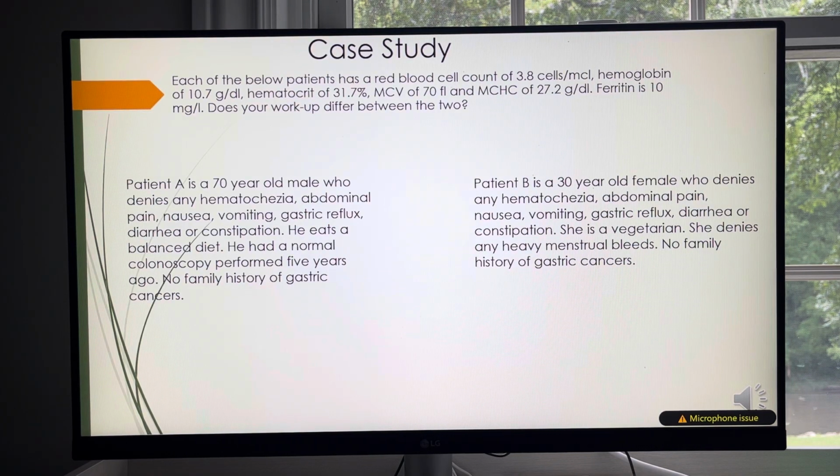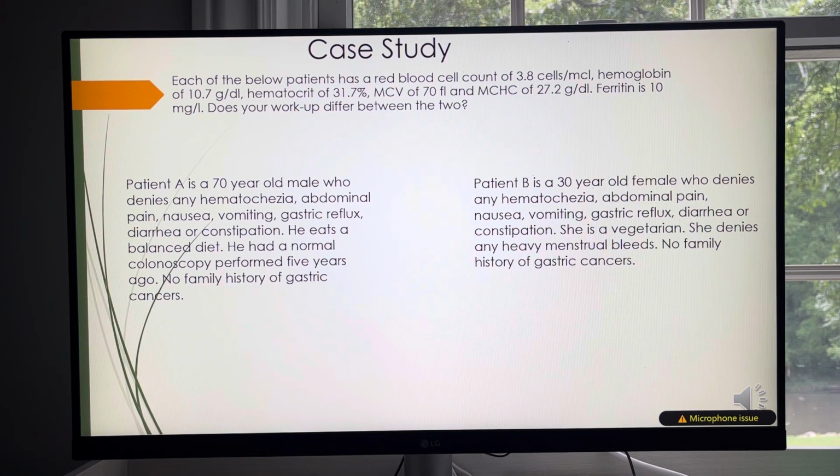Each of the below patients has a red blood cell count of 3.8, hemoglobin 10.7, hematocrit 31.7, MCV 70, and MCHC of 27.2. All right, so a normal red blood cell count for a man is 4.7 to 6.1, for a woman is 4.2 to 5.4. Normal hemoglobin for a man is 14 to 17, woman 12 to 15.